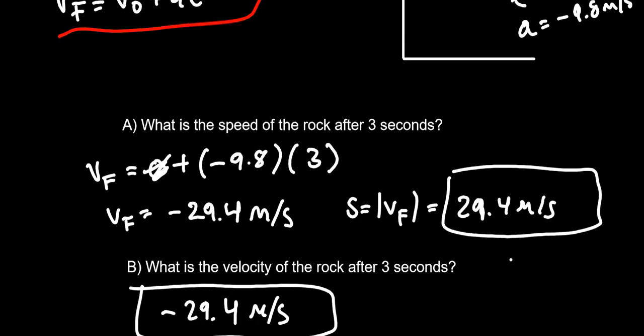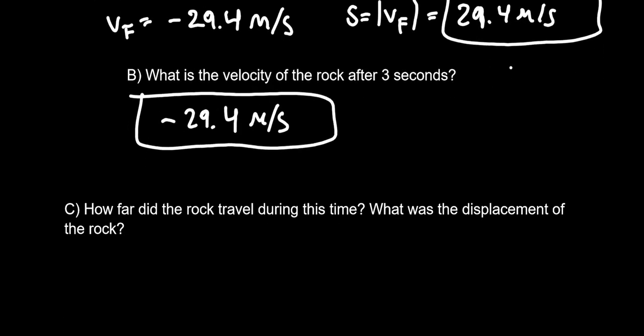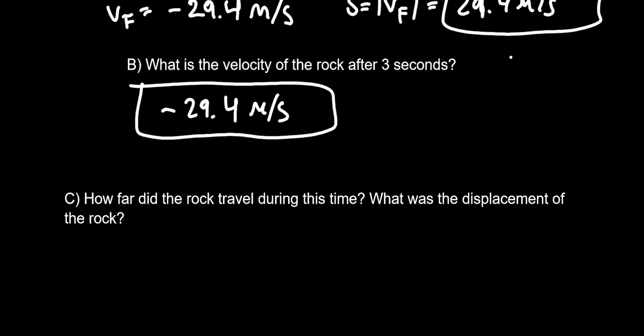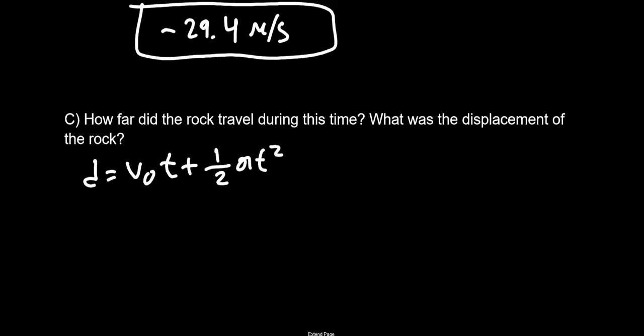That's a good way to think about it. So if we use our formula, d equals v naught t plus 1/2 at squared, we know all this information.